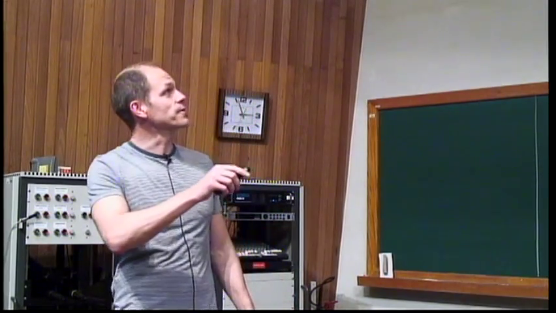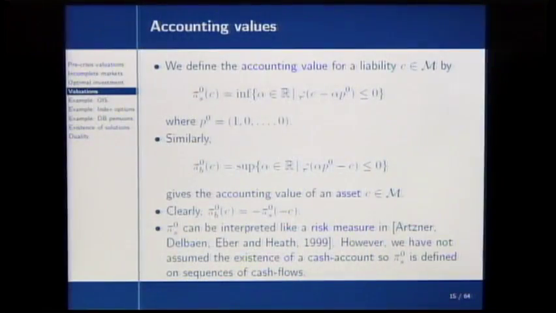And that's the accounting value. So you look at the liabilities, you add something, you subtract some amount of cash from today's payment, and then you want to end up with good enough value in the asset liability management problem.